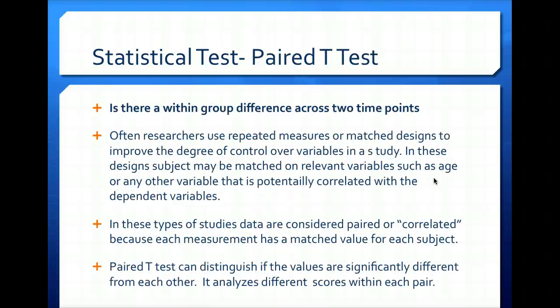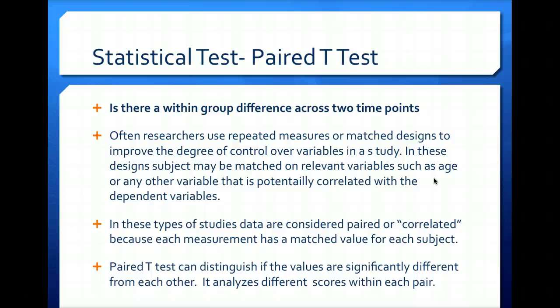Now, paired t-test, okay? This one is when you're looking at, is there a within group difference across two time points? Okay. Often researchers use repeated measures or matched designs to improve the degree of control over variables in a study. In these, subjects may be matched on relevant variables such as age or any other variable that is potentially correlated with a dependent variable.